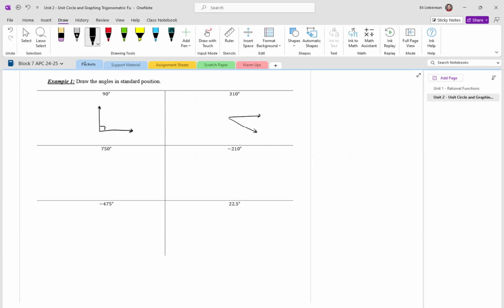In order to make this clear, I'm going to make that arc say we're going this way. I'll put my 310 degrees right there.